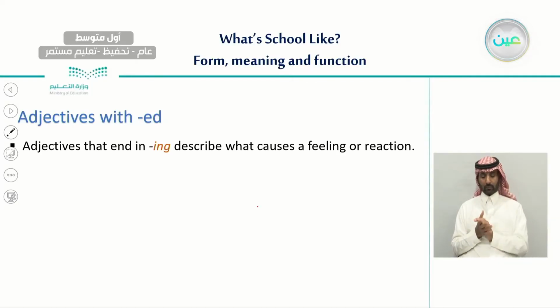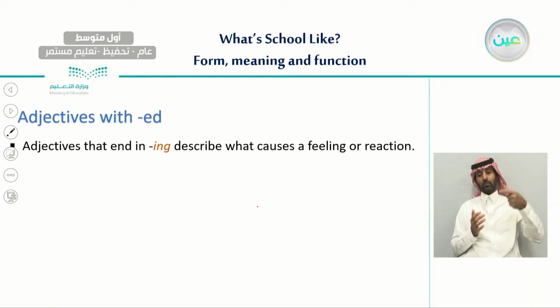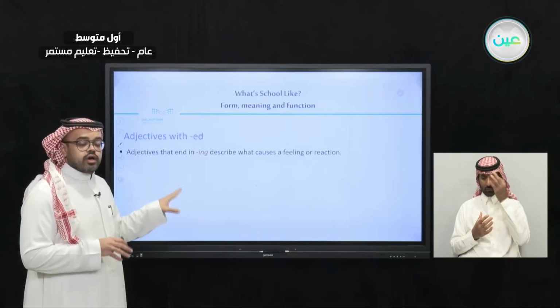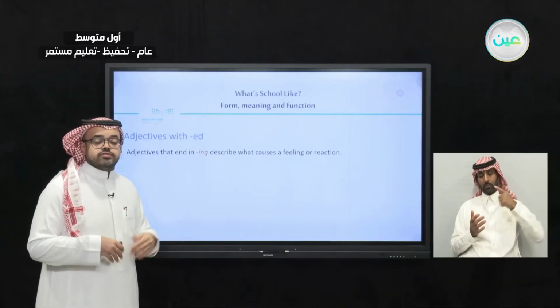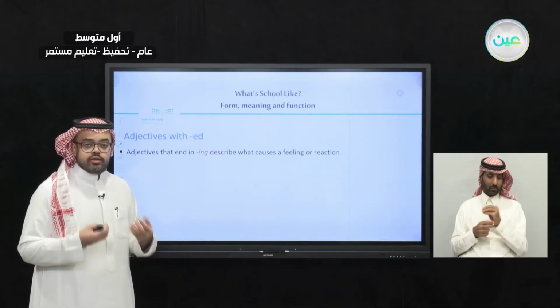Now let's have a look at the second part of the adjectives, and those are the adjectives that end with ing. And we said that we have adjectives that end in ing that describe what causes a feeling or reaction. So the adjectives that end with ing are actually adjectives to describe the reason, to tell why this happened.